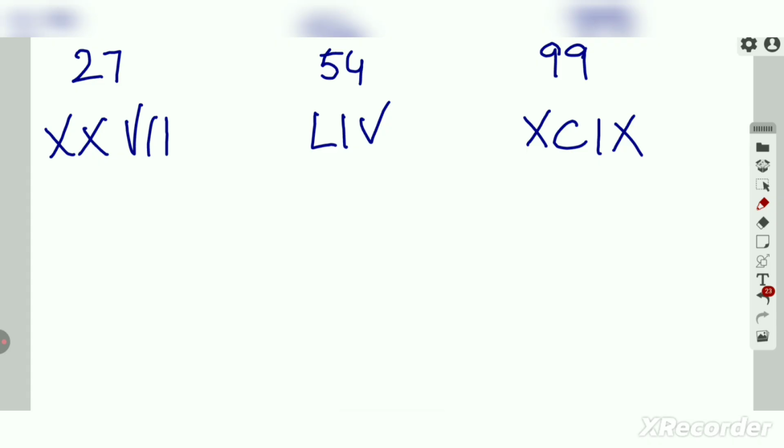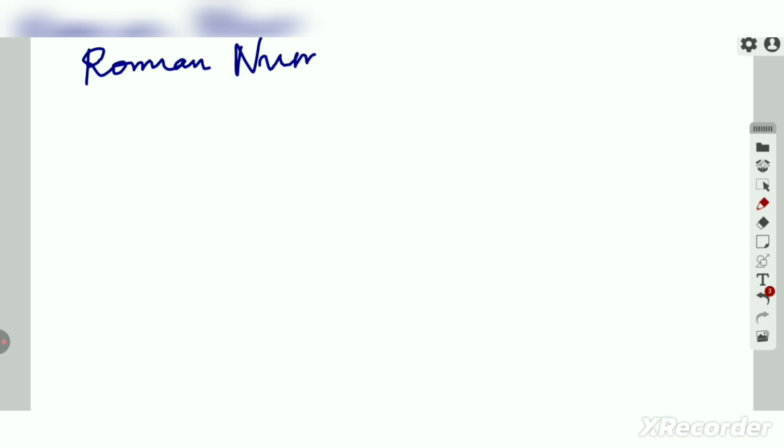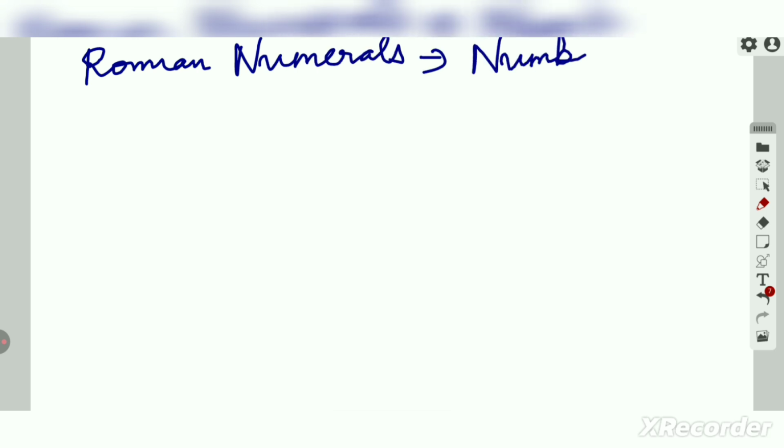In an Olympiad, Roman numeral questions are not limited to simple conversion. You may be asked to convert Roman numerals into numbers, which is the reverse of what we have done now. You may be asked to compare the Roman numerals, which is bigger, which is smaller. You may be asked to find out the greatest and the smallest.